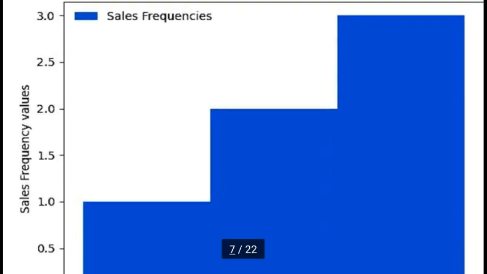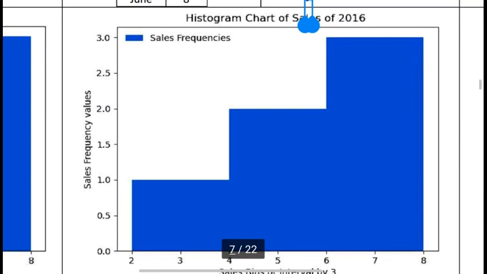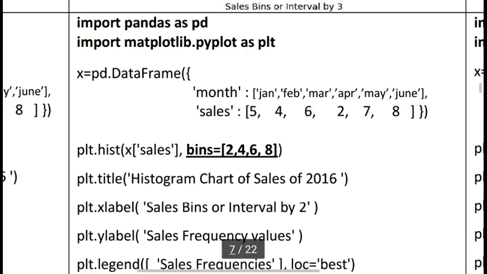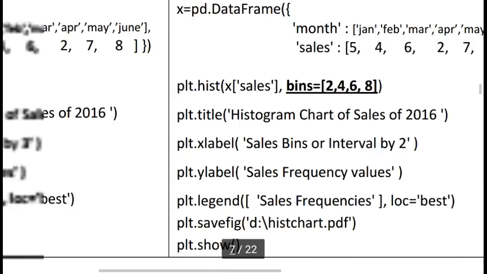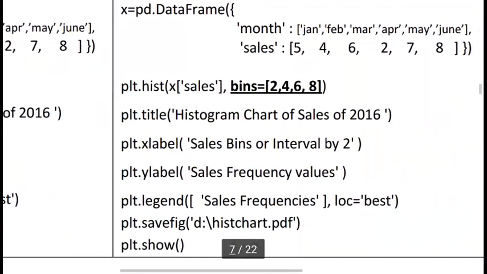In this chart there is no gap between bars because this is a histogram, not a bar graph. In a bar graph we always maintain a gap between two bars. Here there is no gap, it is continuous. Then title, xlabel, ylabel, legend, and plt.show, the same thing I copy and paste here.